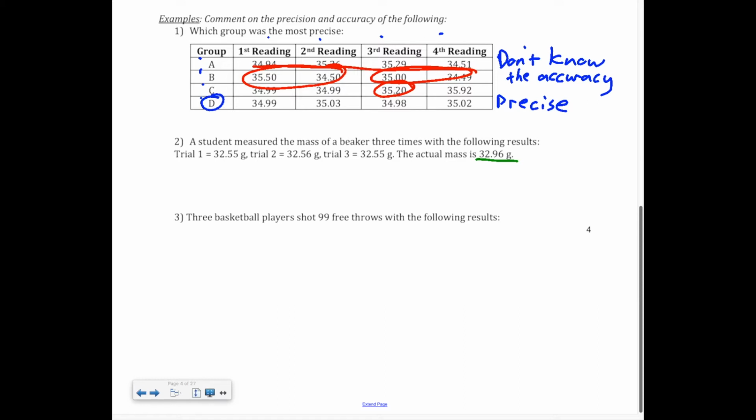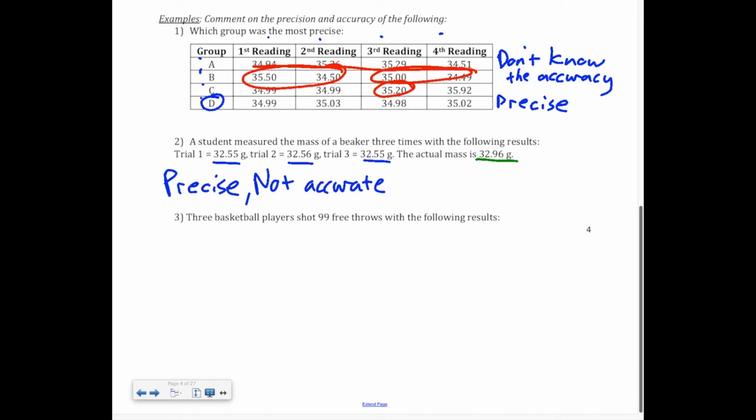So we can tell that they are precise because the measurements are quite close together and they're pretty tight. Now they are not accurate though, because the average of the trials is a little far off.